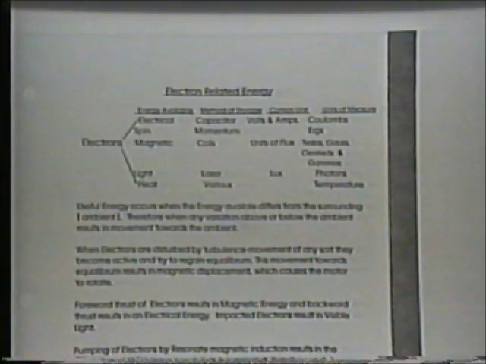Okay, it turns out that electrons provide us with a lot of things besides, say, electricity. This is sort of a brief breakdown on it, and there's probably other types of things that they provide us with also. But in the systems of storage, for example, your capacitors would store the electricity, and your coils or your inductors would store the magnetic field.